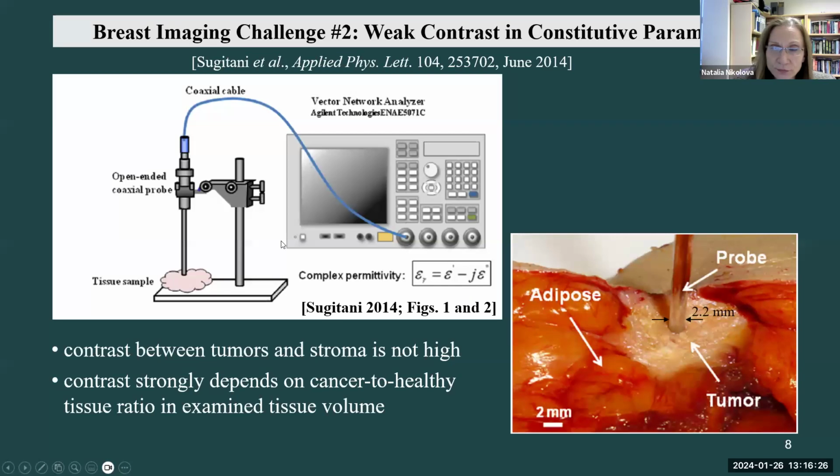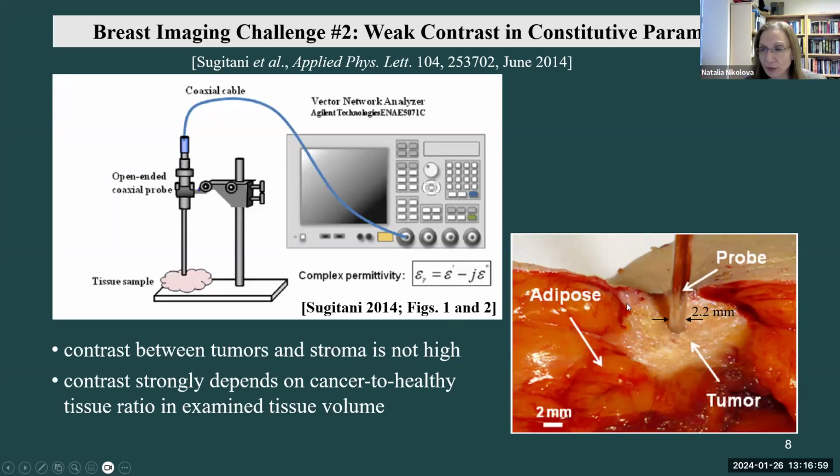And so in order to perform imaging and to conclude whether we can actually image tumors, we need to know what the constitutive parameters are of healthy tissue versus malignant tissue. For that, we perform dielectric probe measurements, as this sketch is showing here, on a tissue sample using dielectric probes and a vector network analyzer in order to measure the complex permittivity, real and imaginary part.